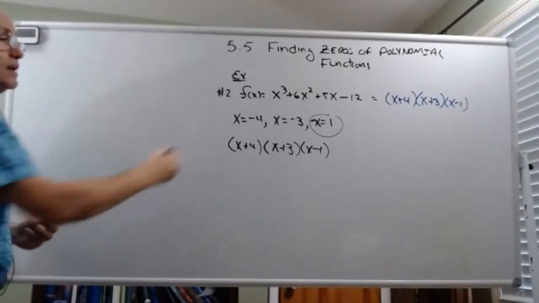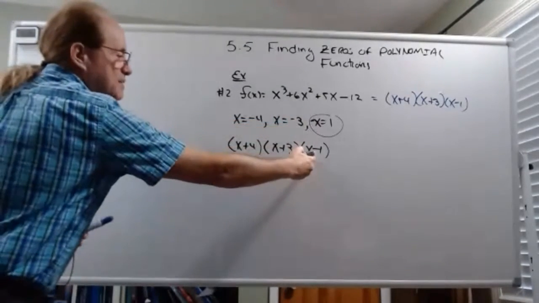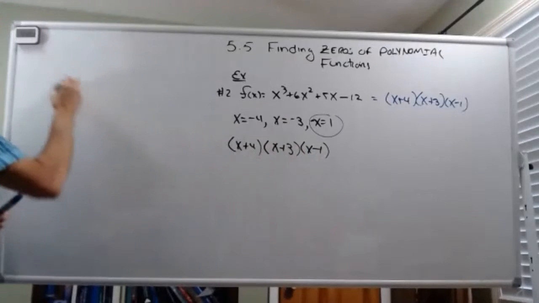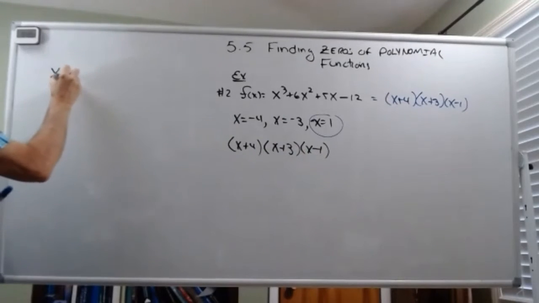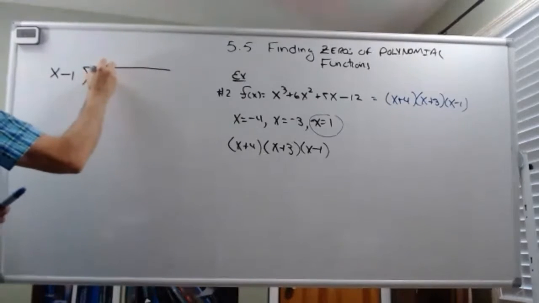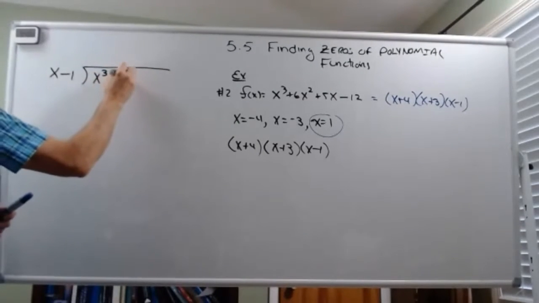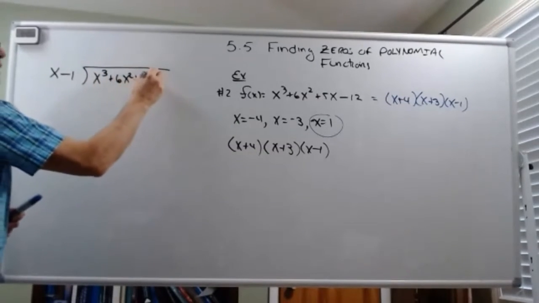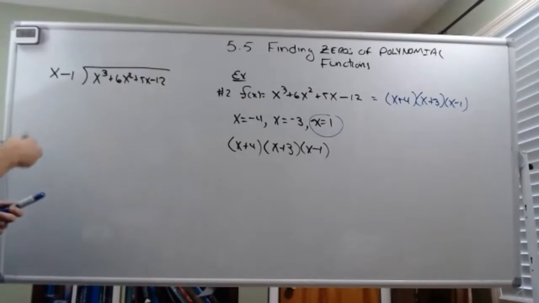If that's a factor, that means x minus 1 gives a zero. So I take my x minus 1 and divide it into this cubic polynomial function, and I go through the process.